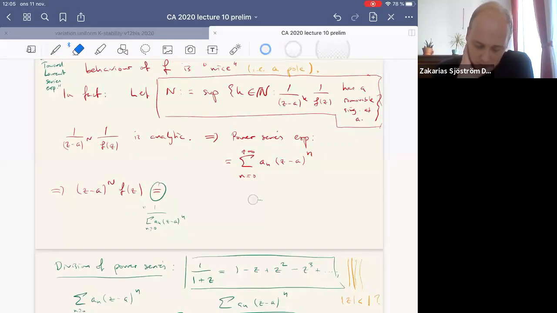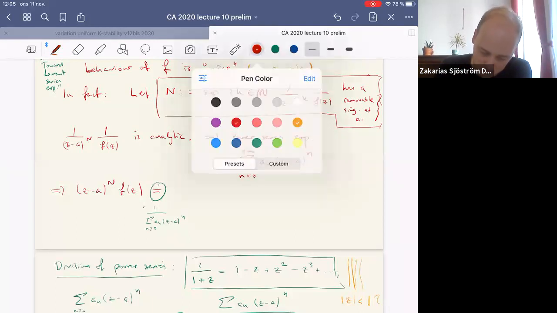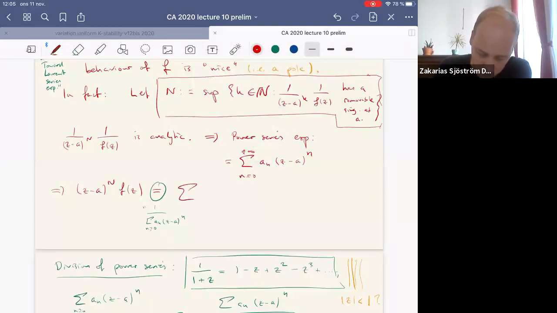What I wanted to write was just that it's equal to the sum of some c_n (z minus a)^n for n greater than 0, just for some complex coefficients c_n.